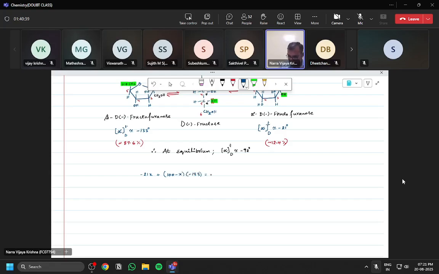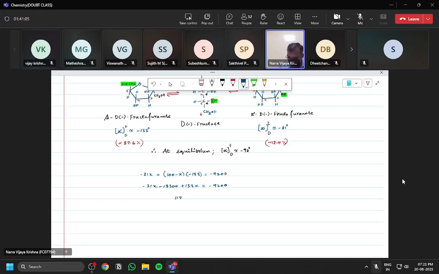Net value must be equal to minus 92. Percentage, so divided by 100 means 9200. So this becomes minus 21x, this becomes minus 13300, and this becomes plus 133x equal to minus 9200.